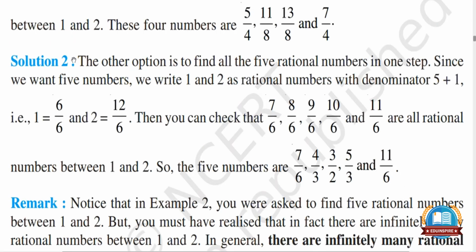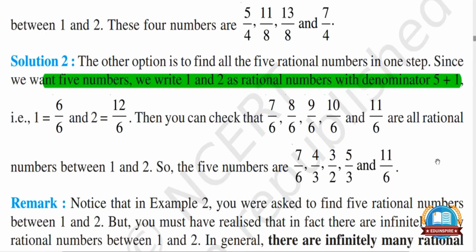The second solution gives us the option to find all the 5 rational numbers in one step. Since we want 5 rational numbers, we write 1 and 2 as rational numbers with denominator 5 plus 1. That is, 1 is equal to 6 upon 6 and 2 is equal to 12 upon 6.